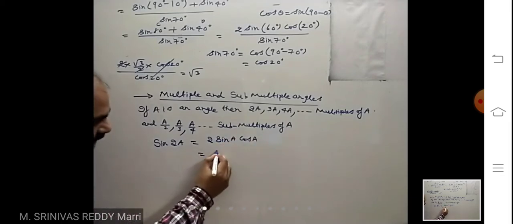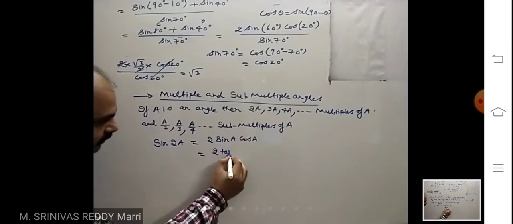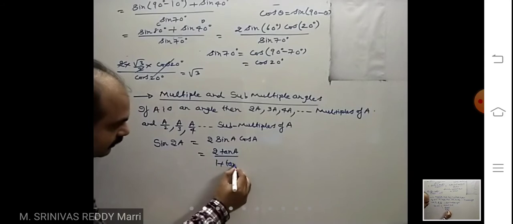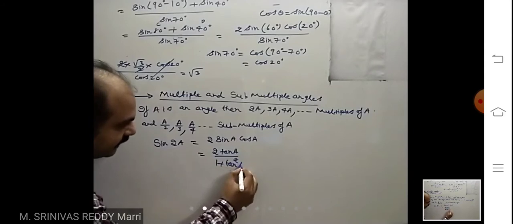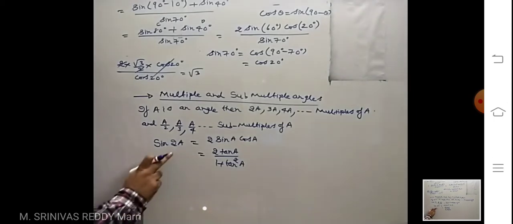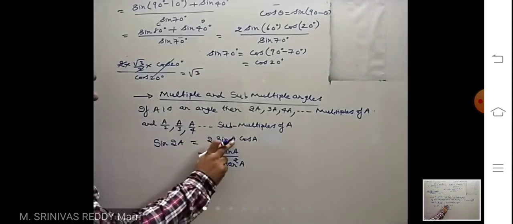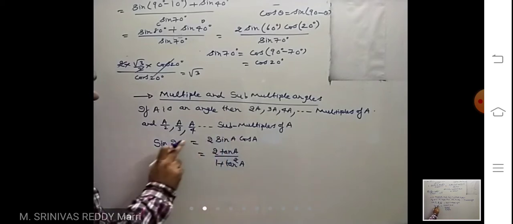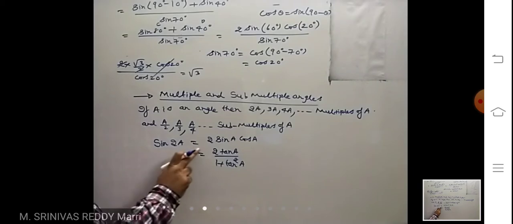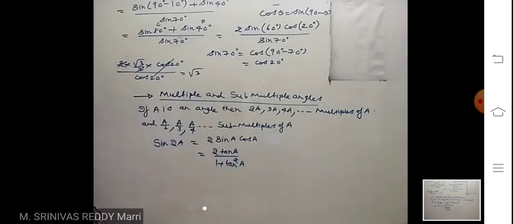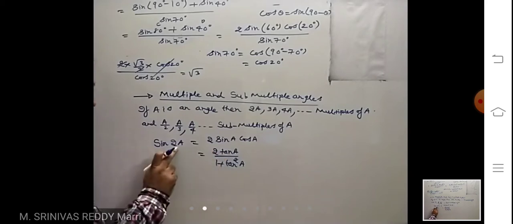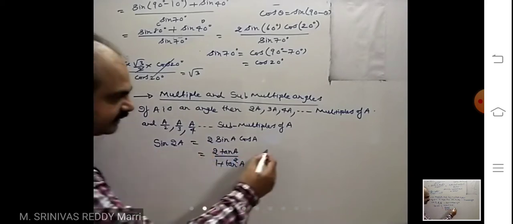So sine 2A is this. And another formula is 2 tan A divided by 1 plus tan square A. These both are the formula. When 2A is there, you will get 2 sine A cos A, in terms of sine and cos. Suppose if you want to write in terms of tan, 2 tan, just half the angle. Look at how.